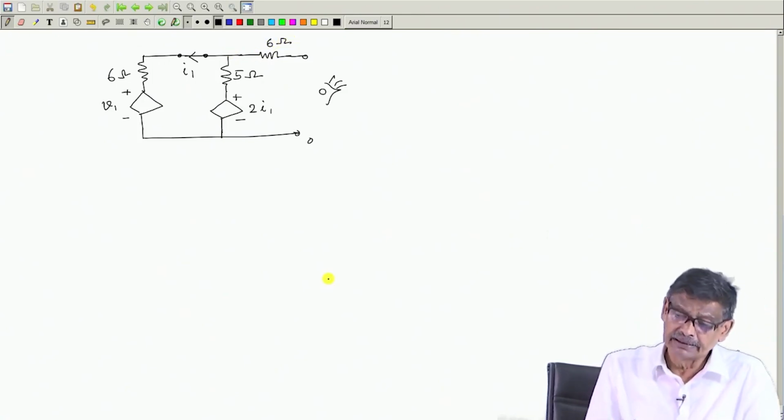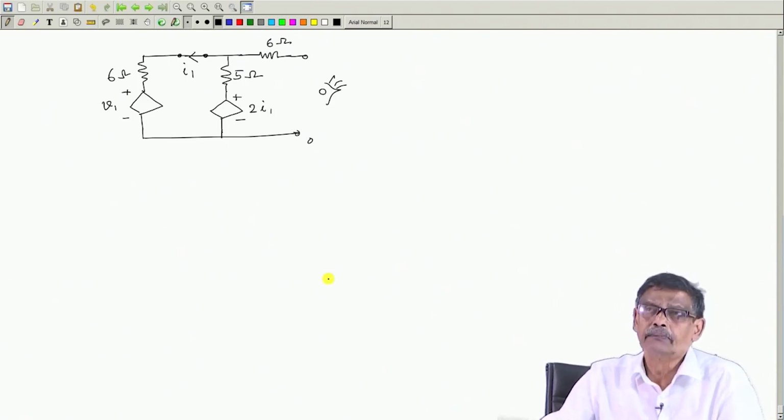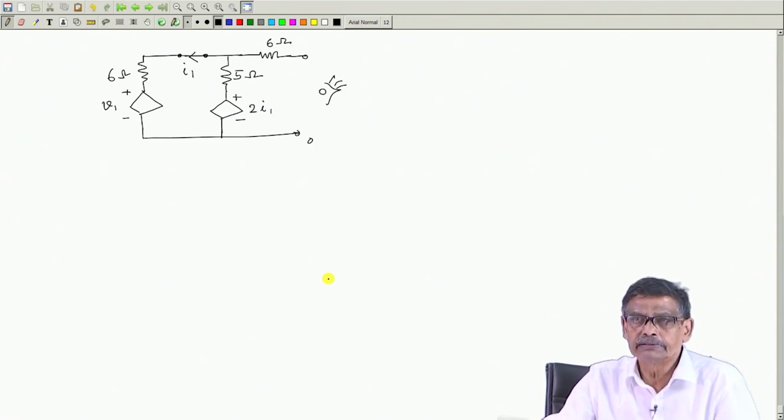Now, here once again, in case the circuit has only independent sources, we will be replacing those independent sources by their internal impedances.